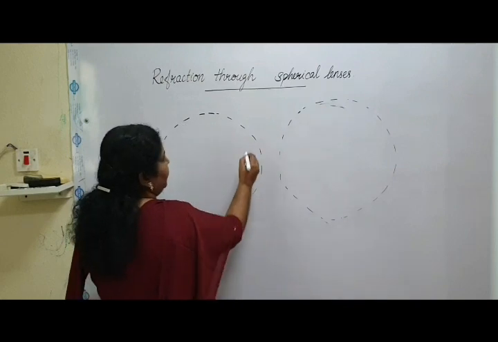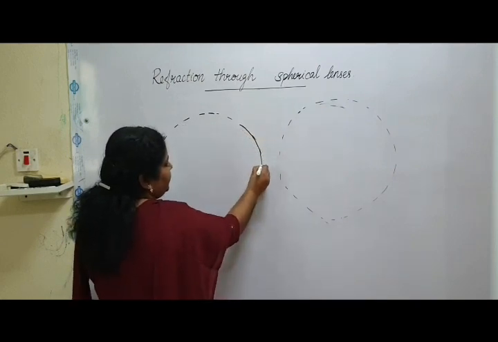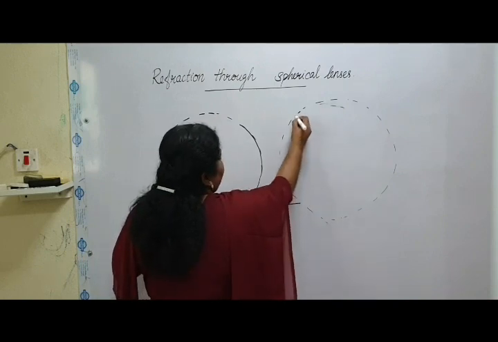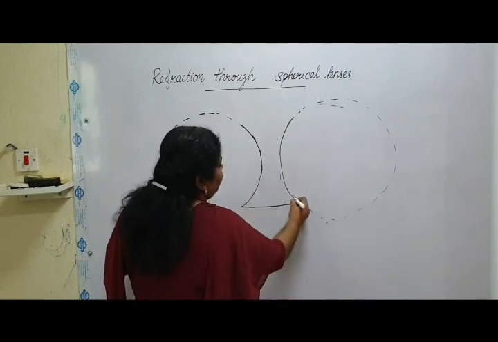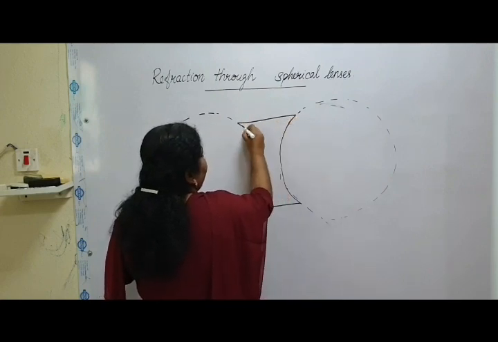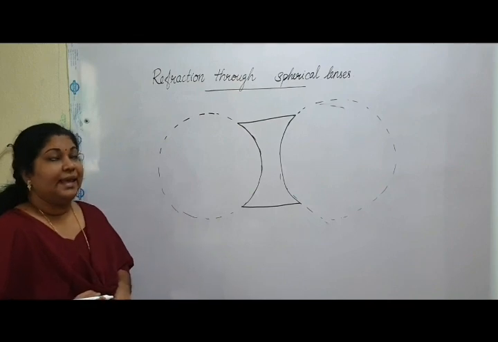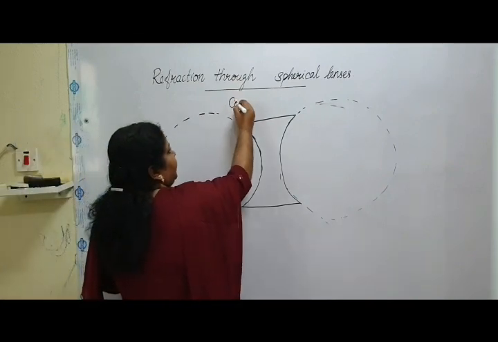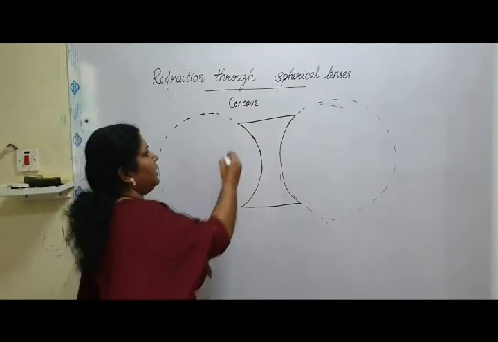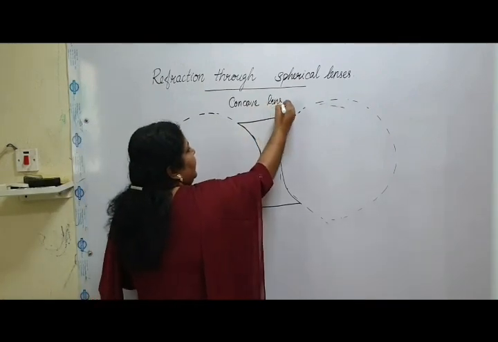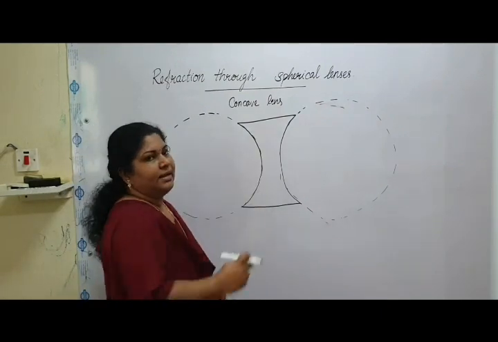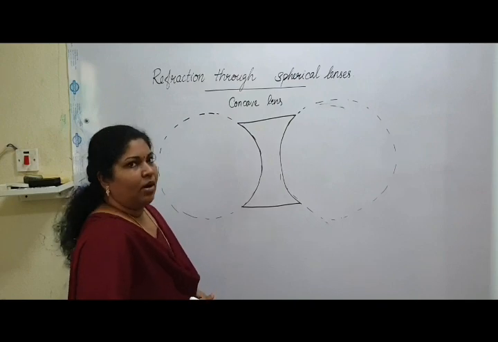Another sphere. So the lens which is formed like this is known as a concave lens. So here you can see that in the case of a concave lens, in the middle part it is thin and at the end points it is thick. So that is a concave lens.